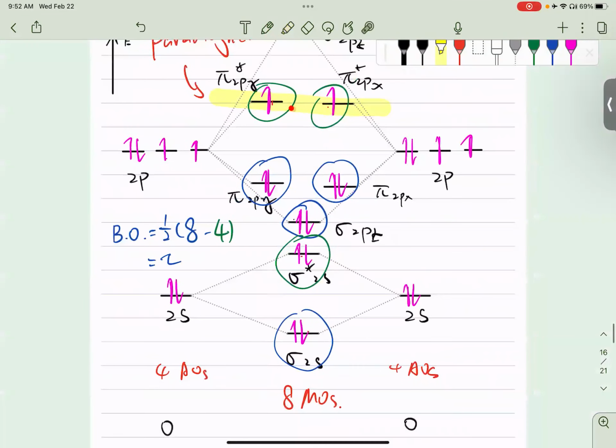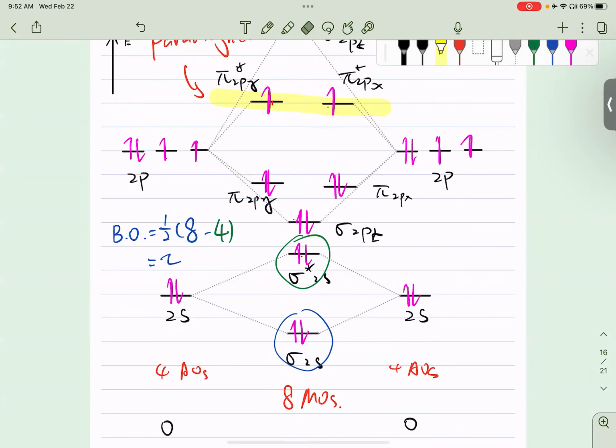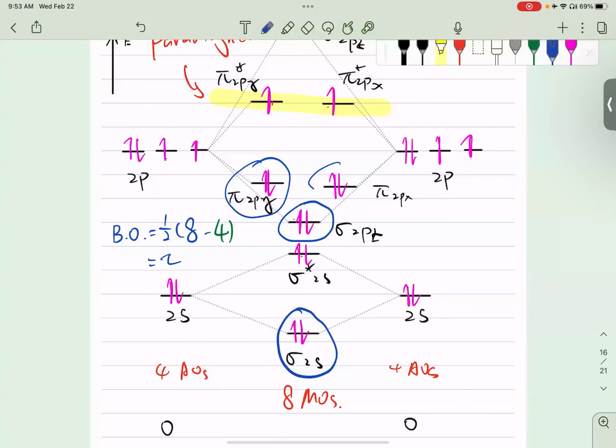So in case of oxygen, this is what we did. I'm going to circle all the bonding molecular orbitals in blue here. Sigma 2s is a bonding molecular orbital. Sigma 2pz is a bonding molecular orbital. Pi 2py and pi 2px are all bonding molecular orbitals. So in total, we have 8 electrons in the bonding molecular orbitals. That's where that 8 comes from.